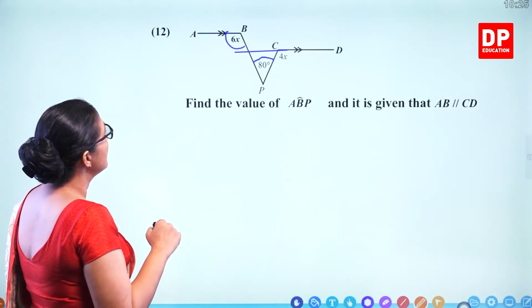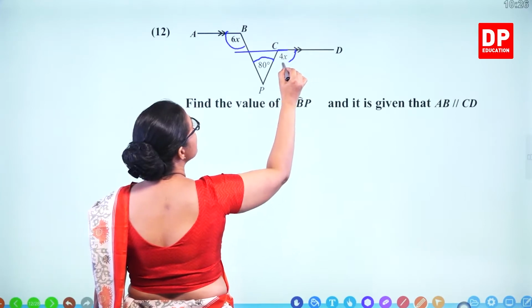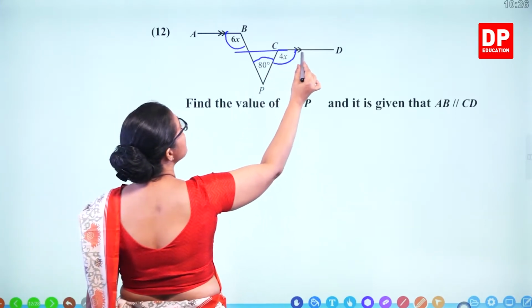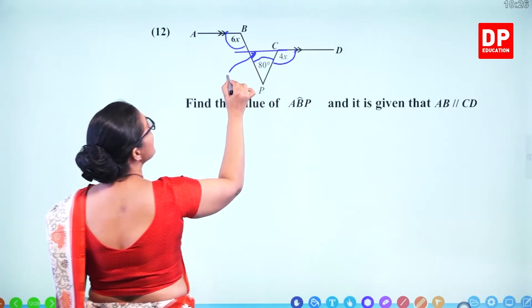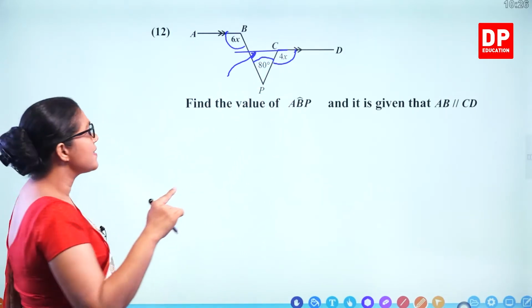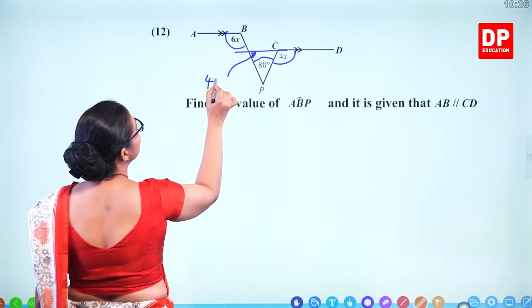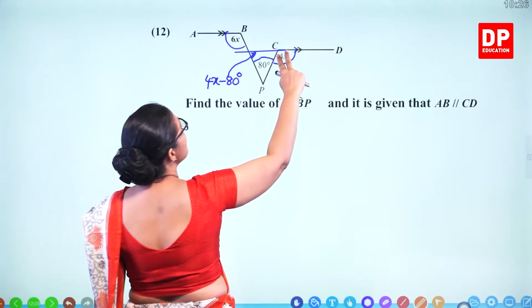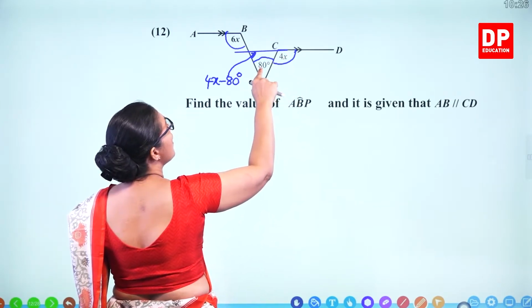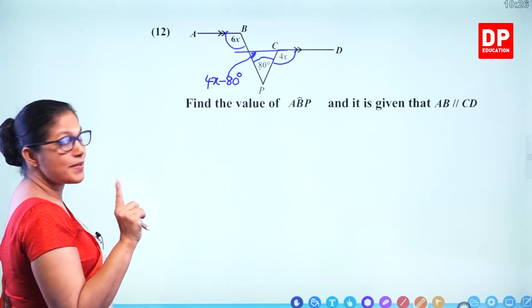Now this is 80. This is 4x. Now this is the exterior angle of these two. So here, what is this angle? 4x minus 80. Because exterior angle is 4x and one interior angle is 80, opposite interior angle.